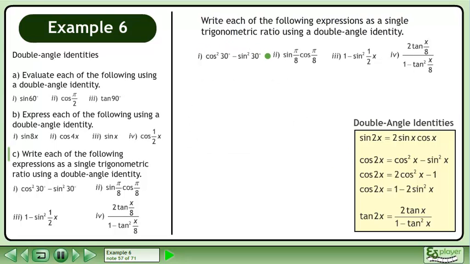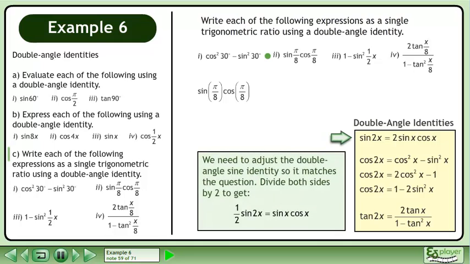In question 2, express sine pi over 8 cos pi over 8 as a single trigonometric ratio. We write the identity. We need to adjust the double angle sine identity so it matches the question. Divide both sides by 2 to get 1/2 sine 2x equals sine x cos x.